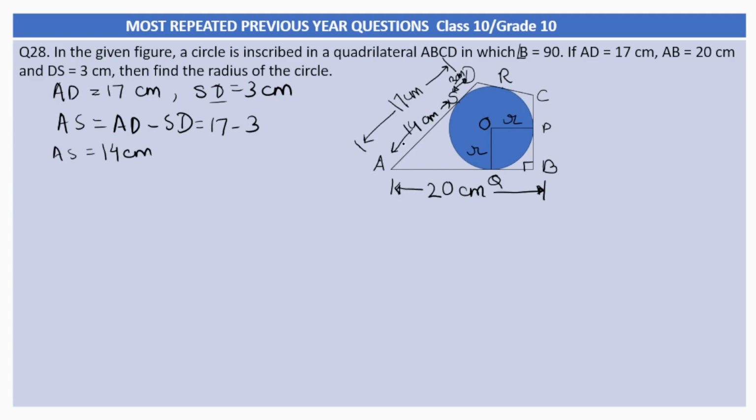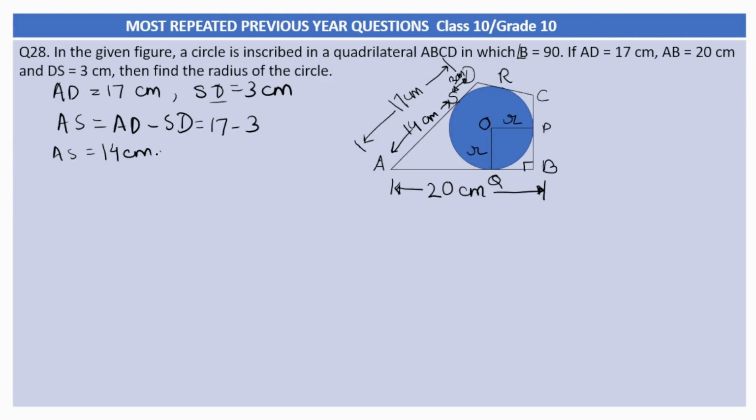Now look properly. This is an external point A, and from this external point A, there are 2 tangents going to the same circle. The length of AS will be equal to AQ. AS is 14 centimeter, so AQ, this tangent up to the point Q, will also be 14 centimeter.